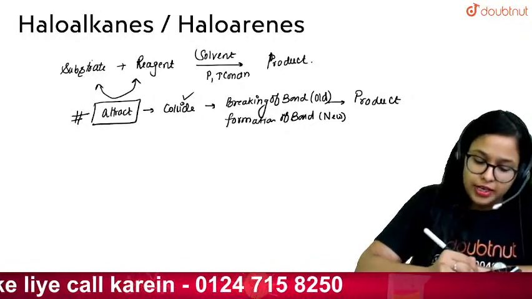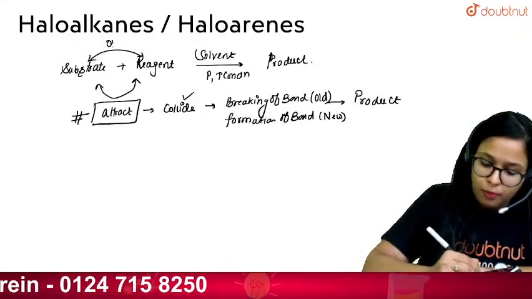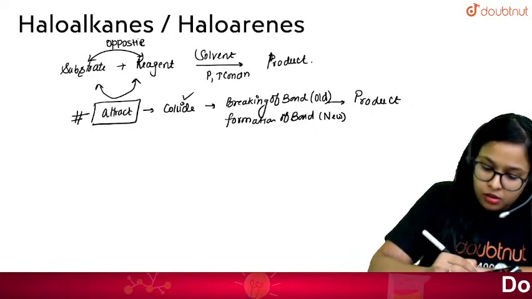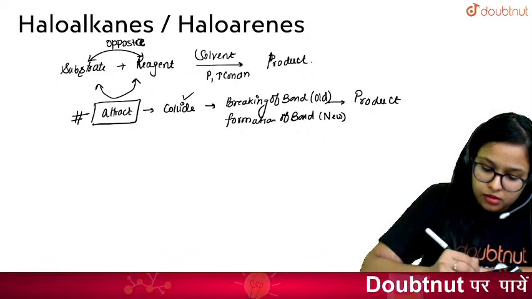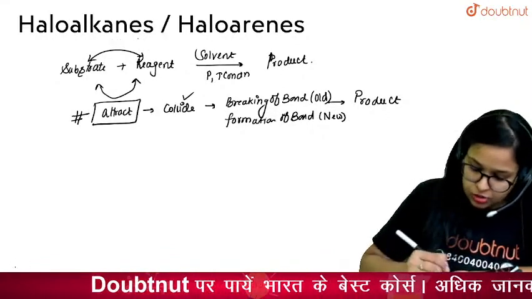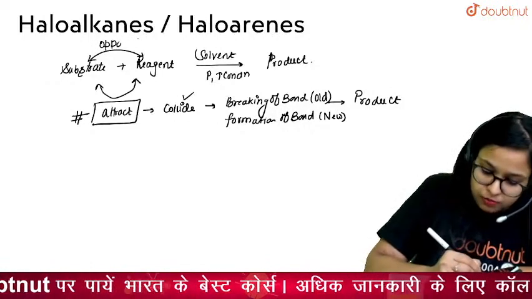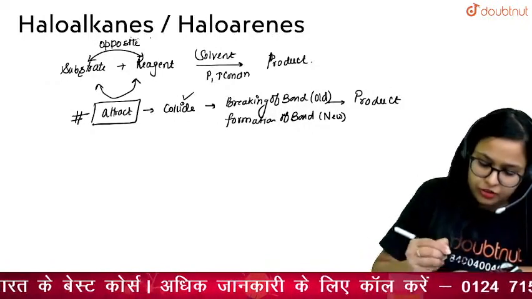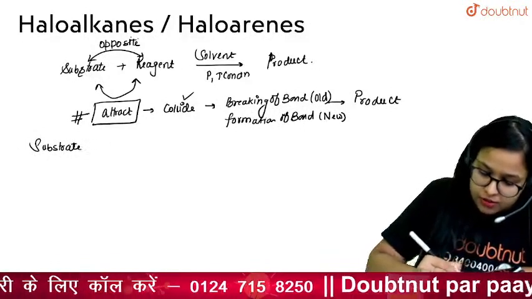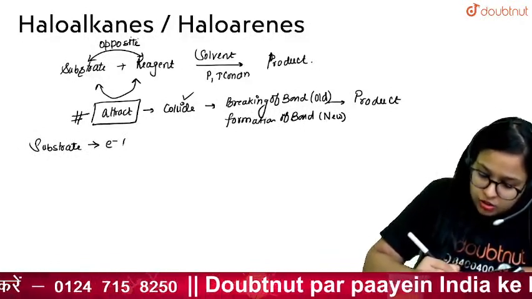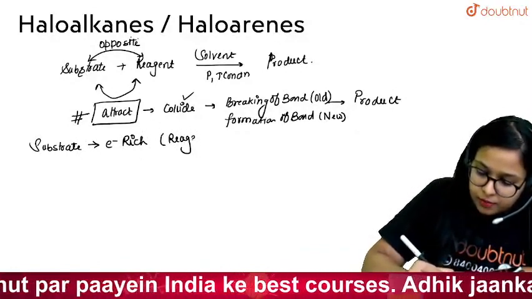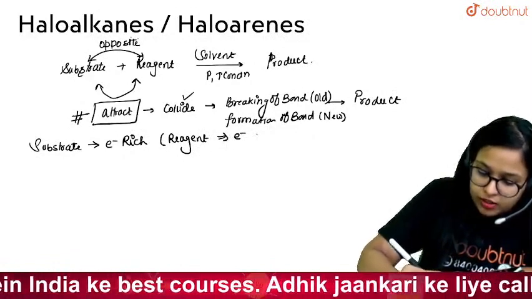For attraction, reagent and substrate should be of opposite nature. If the substrate is electron rich, your reagent has to be of opposite nature, that is, it should be electron deficient.